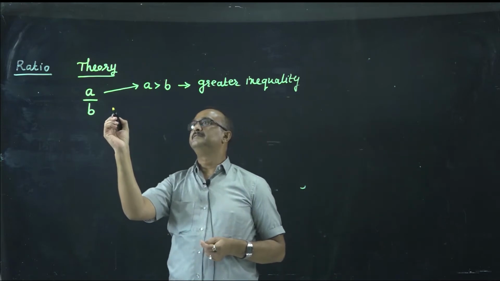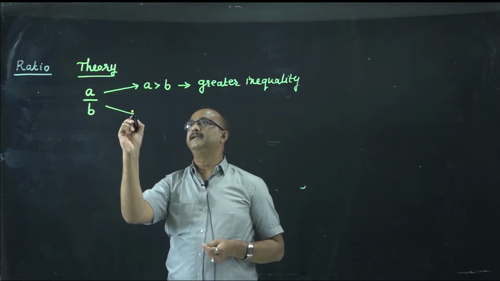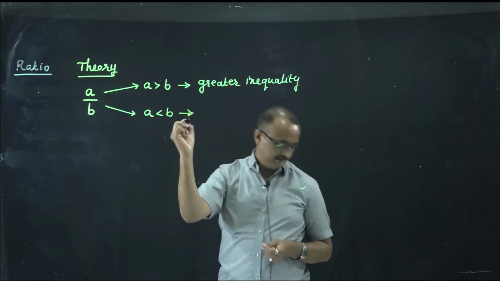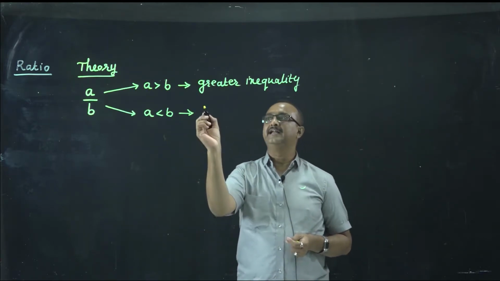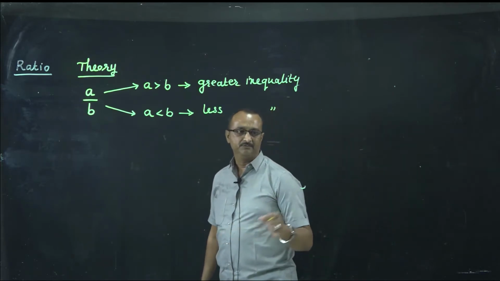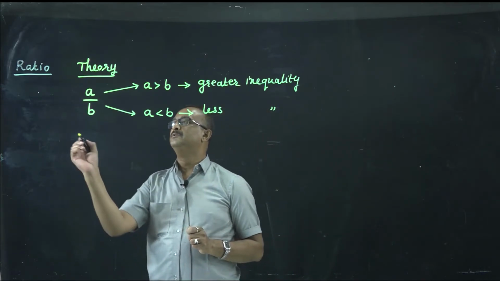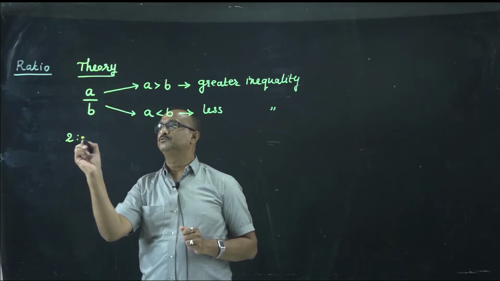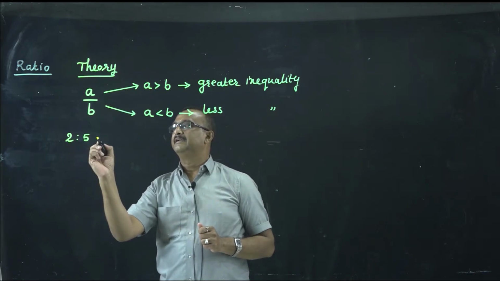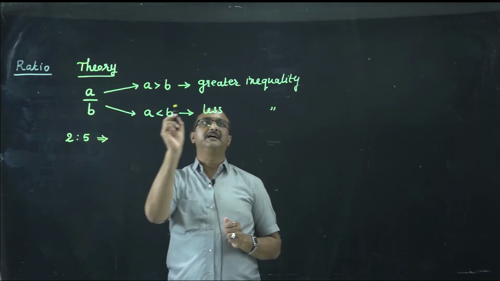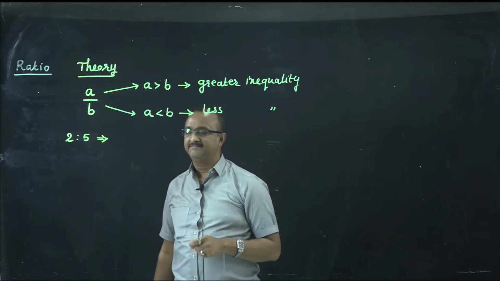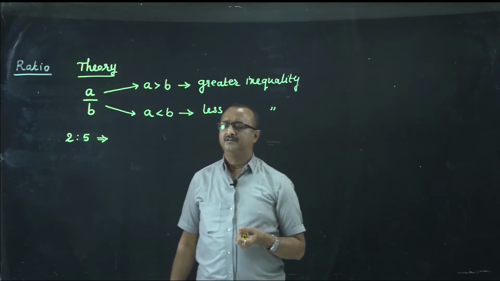Similarly, if A is less than B, then it is called less inequality. Sometimes the questions are asked in the form 2 is to 5. Then the options given are greater inequality, less inequality, equal, or none of these.